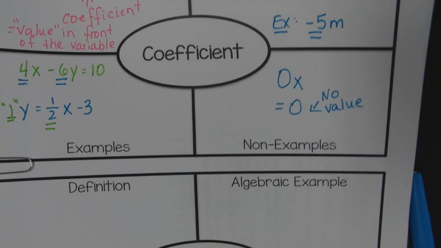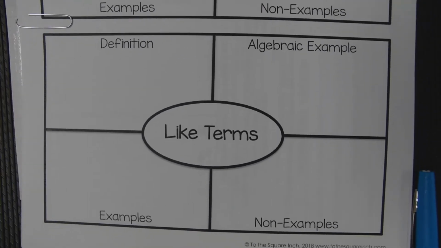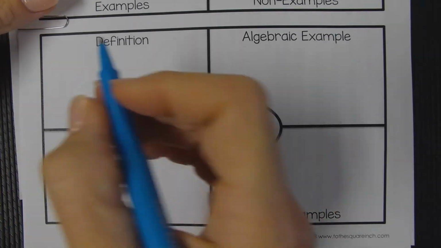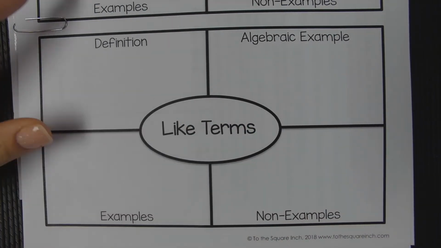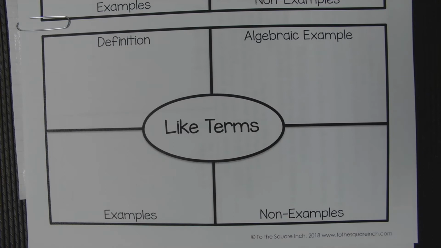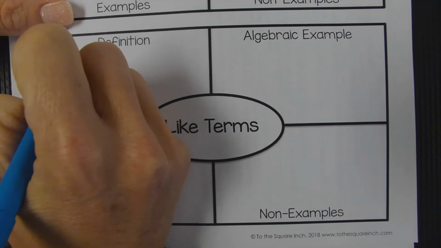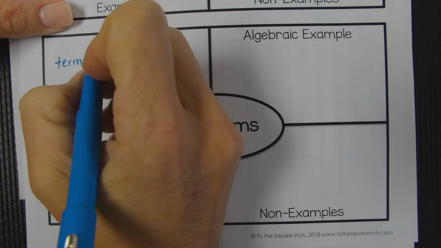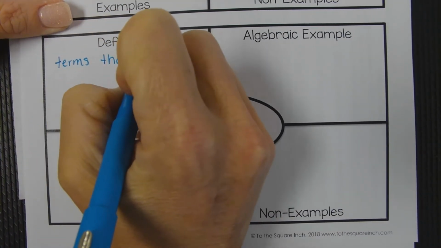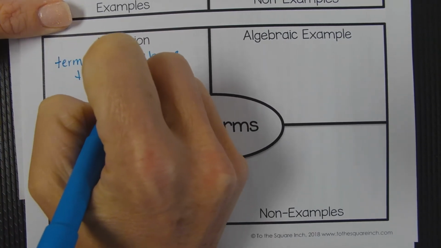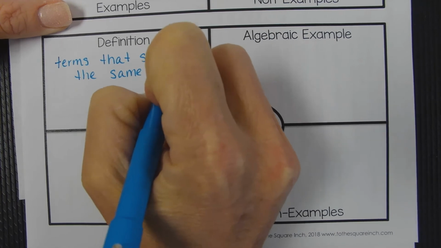Like terms. Let's go to the bottom. The definition of like terms are terms that share the same variables.